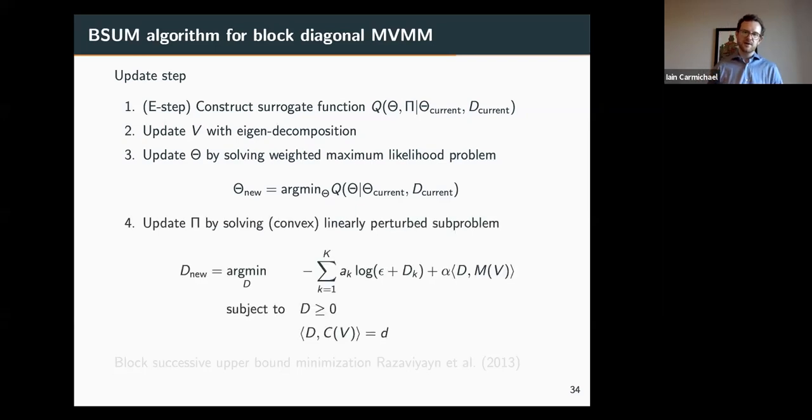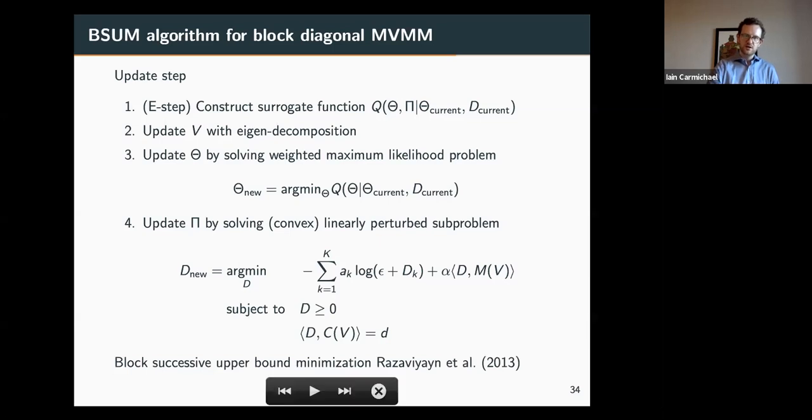And then we're going to update, sorry, that should say D. We're going to update D by solving the following convex problem. And it's just these log objective functions, or negative log objective functions. So that's convex, add a linear term, convex, and then linear constraints. And so this problem is pretty straightforward to solve with, for example, interior point methods. And I've been using the convex optimization or CVXPY package in Python to solve it.